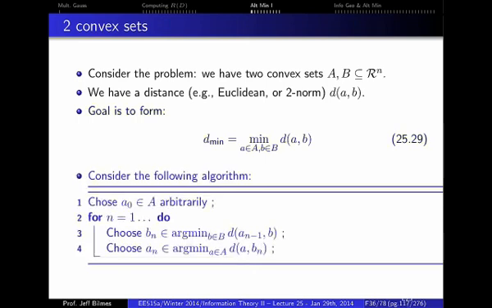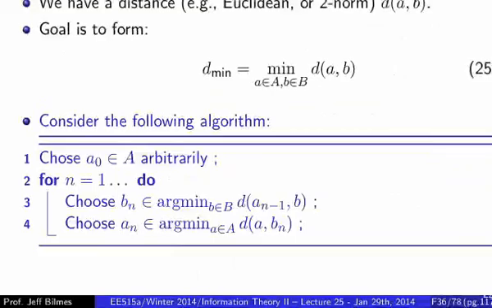Okay. And now let's consider the following procedure, which seems sensible. You can think of it as a divide and conquer procedure on the one hand. On the other hand, you can think of it as something intuitively obvious. We start off by choosing an A naught, arbitrarily.